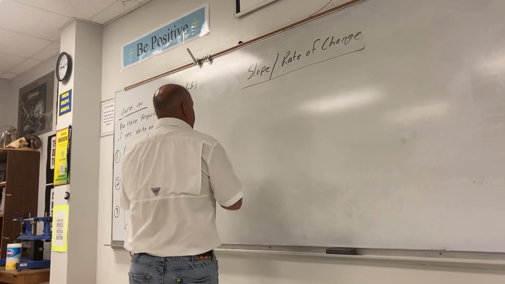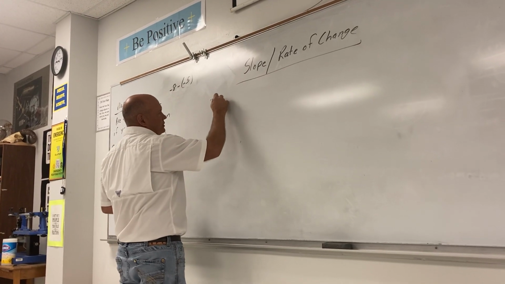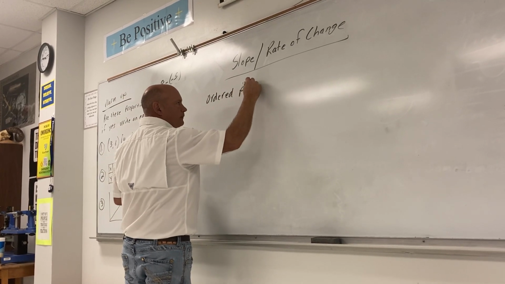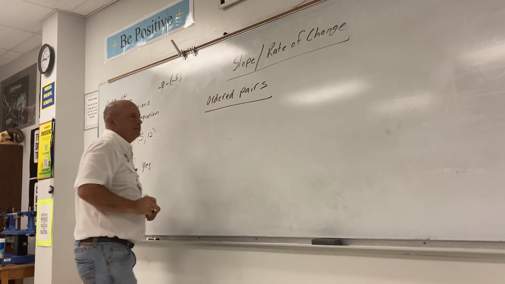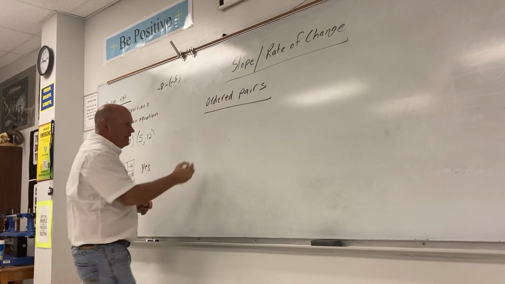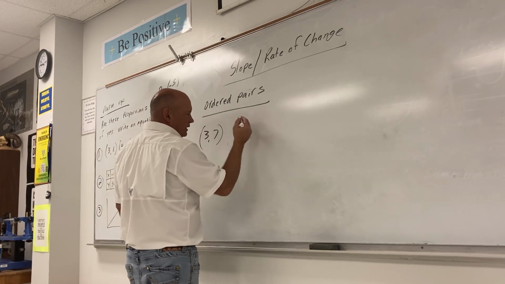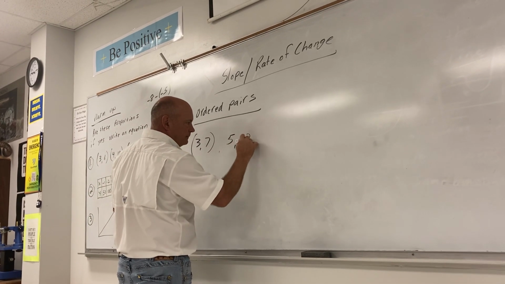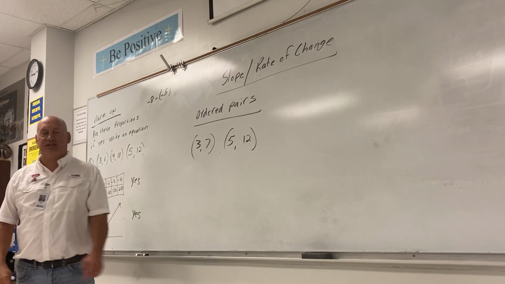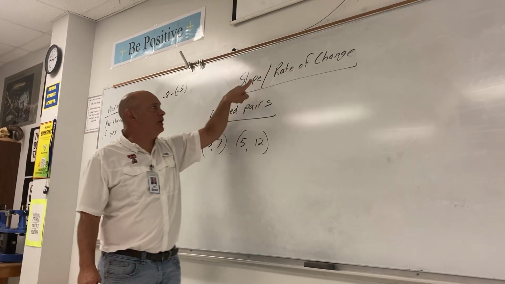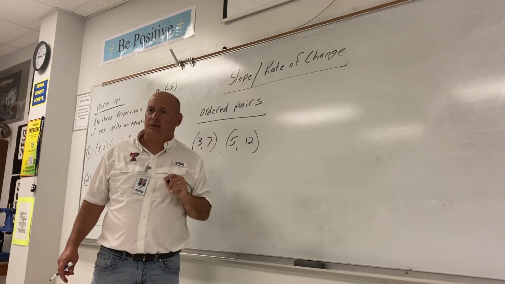All right. Now let's look at a set of ordered pairs. If they give us some ordered pairs, like 3, 7, 5, 12, and ask us to find the slope or the rate of change, by the way, these two words mean the exact same thing.